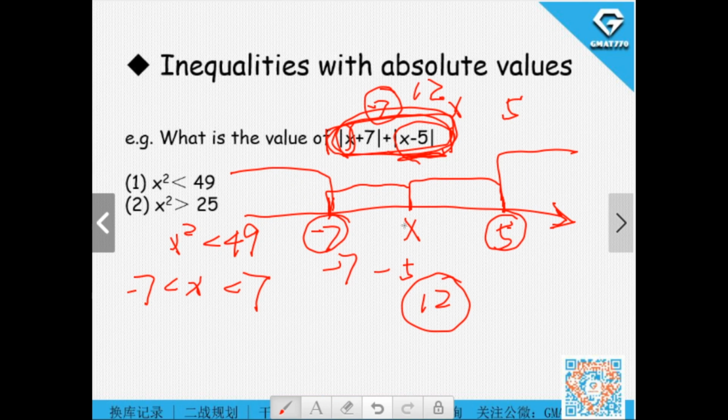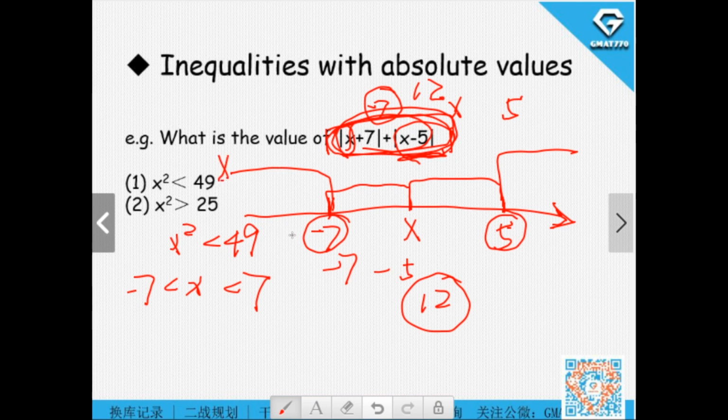But under statement 1, there is another chance that x is greater than 5 but less than 7. In this case, the value of x will change the value of this expression. It will be greater than 12. So we cannot figure out only one value of this expression under statement 1. So statement 1 is not sufficient.